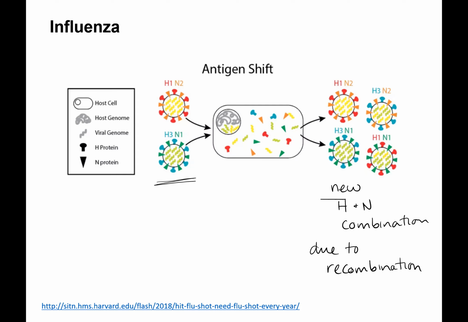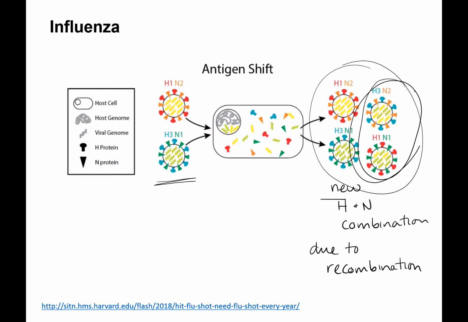If two different viruses infect the same cell, you can get new combinations of the RNA genomes, which can give you new strains of the virus. So now we have H3N2 and H1N1, as well as our original H1N2 and H3N1. These are going to look very different to our immune system than the original viruses.